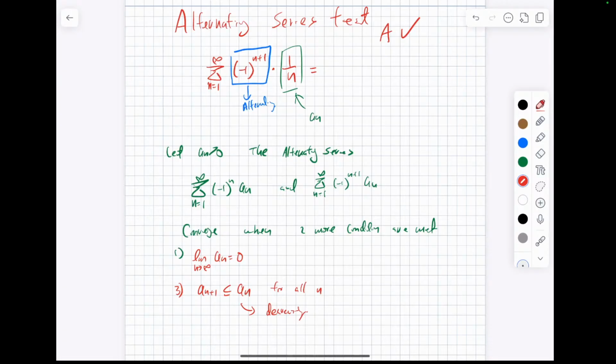Alternating, check, right? The second one says, hey, is the limit as n approaches infinity of a sub n equal to 0? Is it? Because this is the sequence part, right? This is equal to 0. Check.